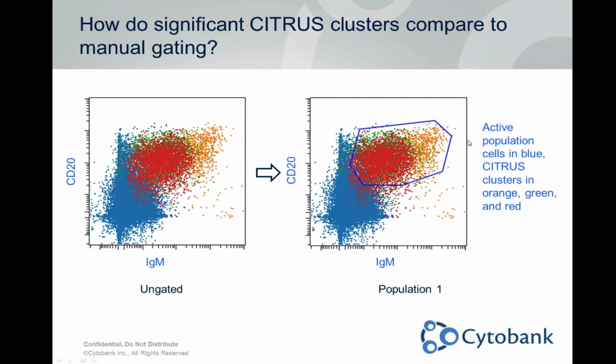So you can see that citrus has a more normally distributed population cutoff between these. These populations would have been hard to resolve manually. You can see there's some crossover here. It's not exactly clear where to draw this boundary, and citrus does a much better job of isolating these populations. And again, these are the ones that citrus has defined as being significantly different between my groups.